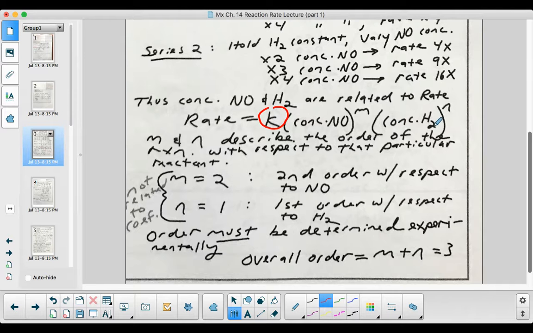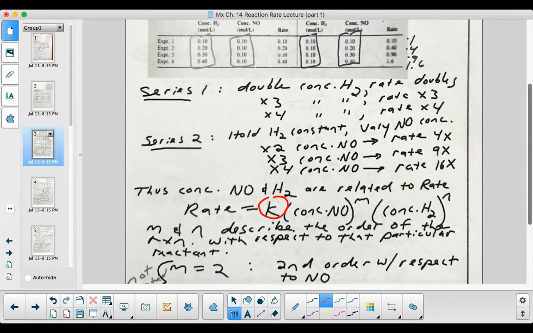And we'll do the same thing for the hydrogen. So where do we get those values from? What we can see is that the concentration changing of the hydrogen is going to have this effect on the rate, while the concentration changing of the NO is going to have this exponential effect.